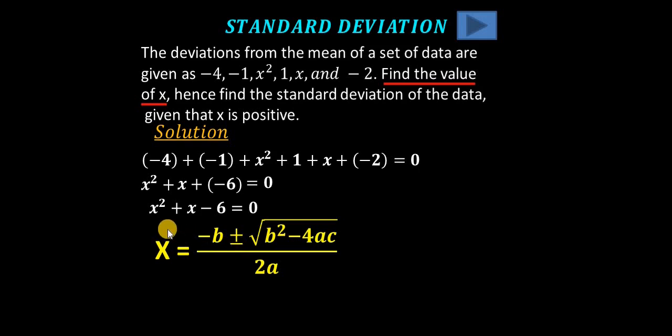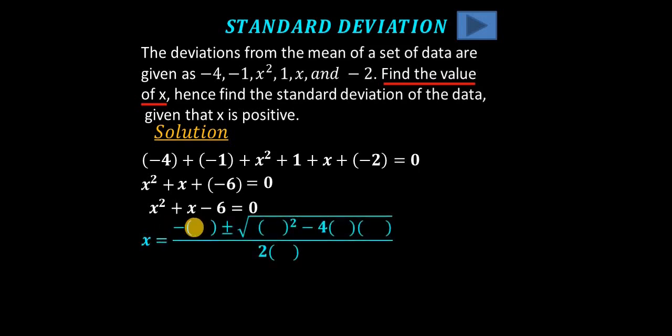We have b, and b is +1, so we substitute. We have b squared, and b is 1 again. Here we have -4a, a here is 1, c is -6. Down here, we have twice a, and a is 1.